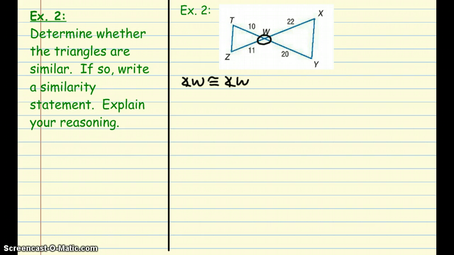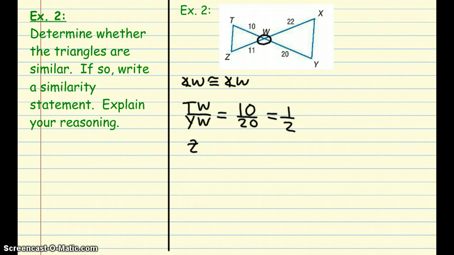And we also know that TW corresponds with YW, and so if we look at our information, we can gather that 10 over 20 is equal to 1/2.